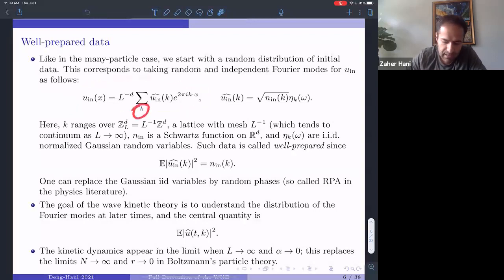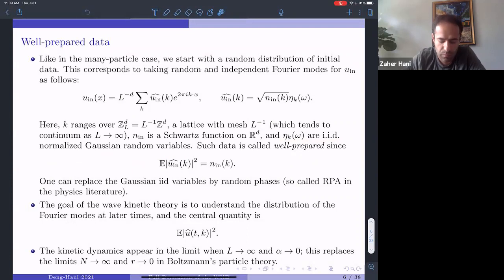Here k is in the lattice Z^d_L, which will denote the lattice of mesh L inverse, the dual lattice for the torus of size L. And the key point is that we take the initial data to be of the following form: the square root of n initial at k multiplied by some random parameter eta k of omega, where eta k are IID random variables that are normalized Gaussian random variables.